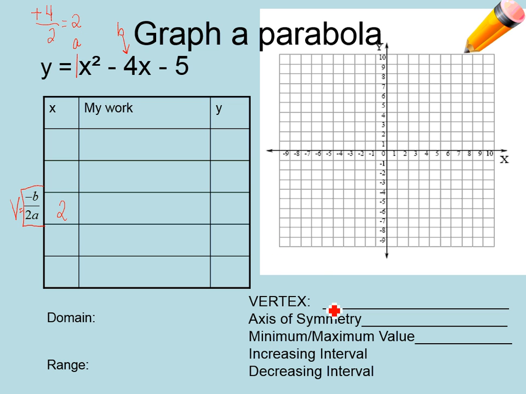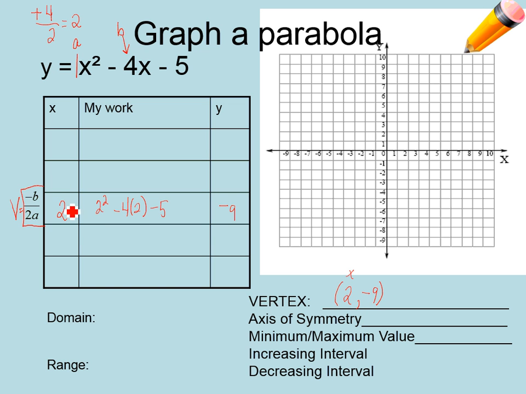Now I have a question over here that says, what's my vertex? Well, my vertex is 2 comma something. In order to find my y, I need to find my x first. So this helps me find my x value. Now I plug that in. So 2 squared minus 4 times 2 minus 5. 4 minus 8 is -4, minus 5 is -9. So my vertex is (2, -9).